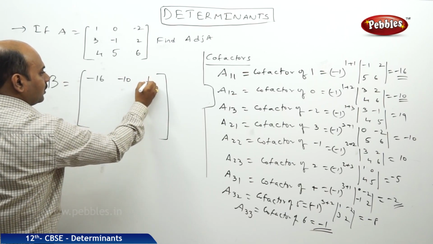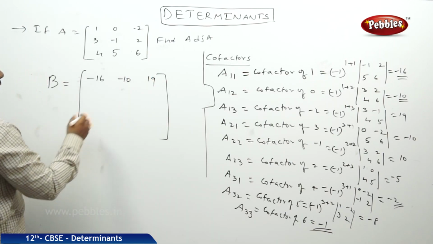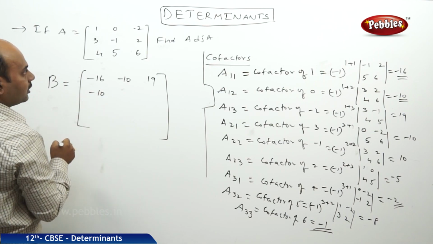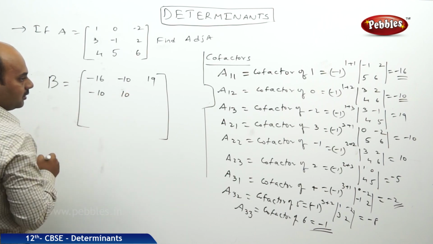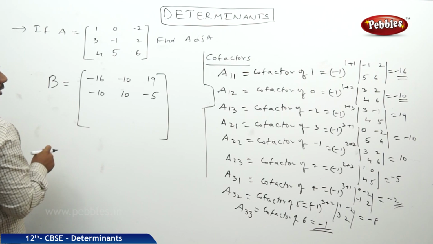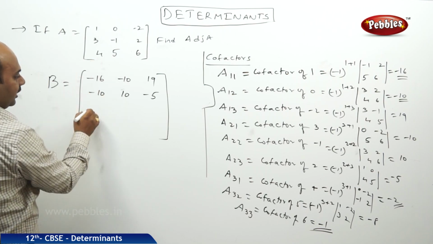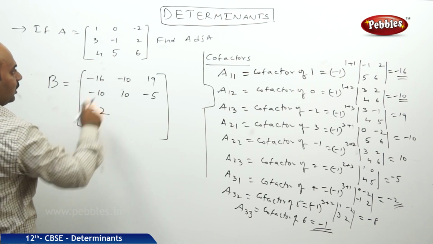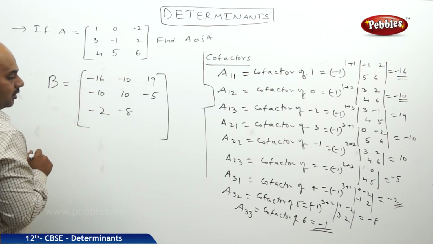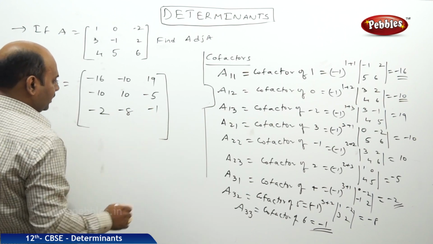For minus 2, I obtained 19. For 3, minus 10. For minus 1, 10. For 2, minus 5. For 4, minus 2. For 5, minus 8. And for 6, minus 1.